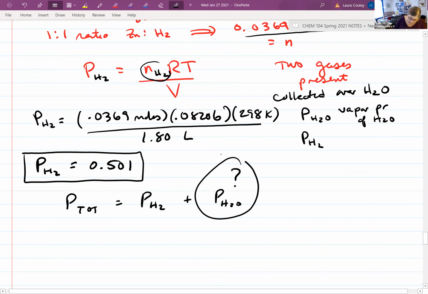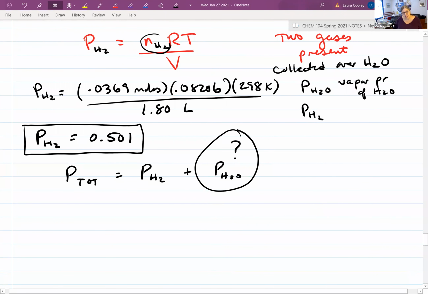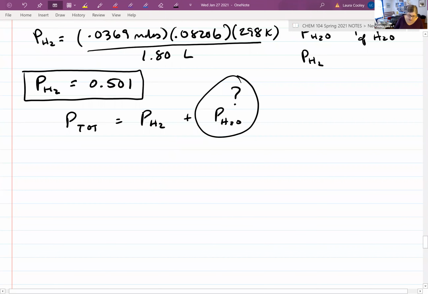And what am I going to do about this? Well, it's really not that big of a deal. The reason is because at a certain temperature, the partial pressure of water is a constant.